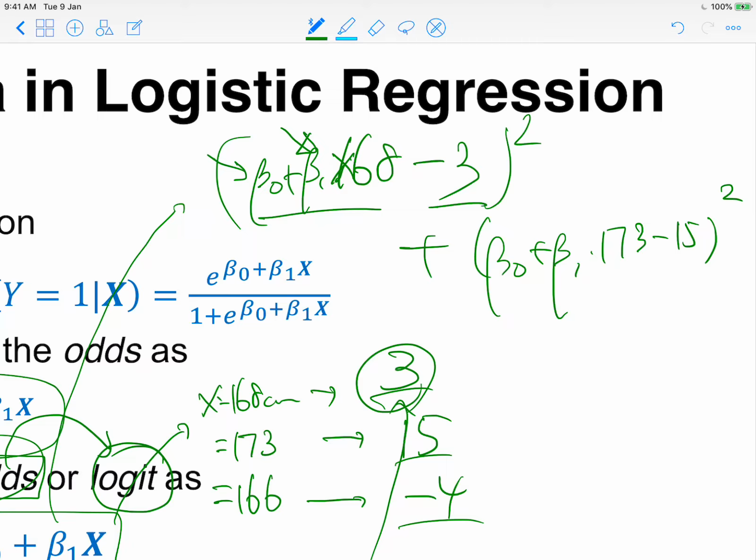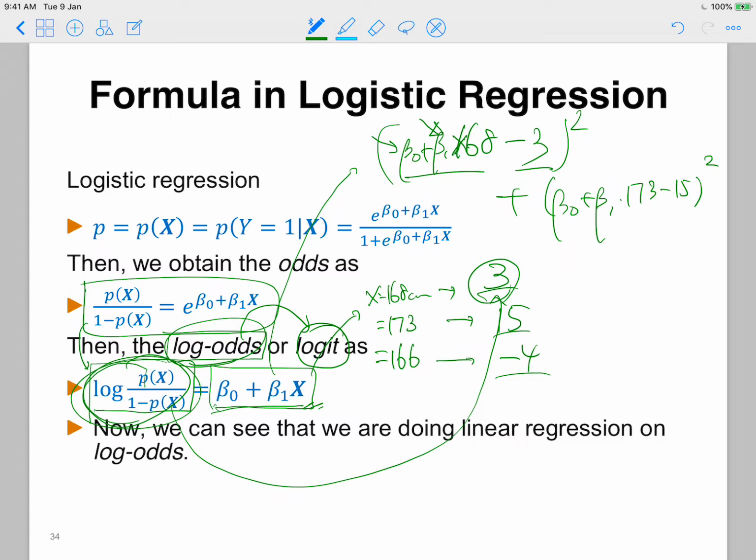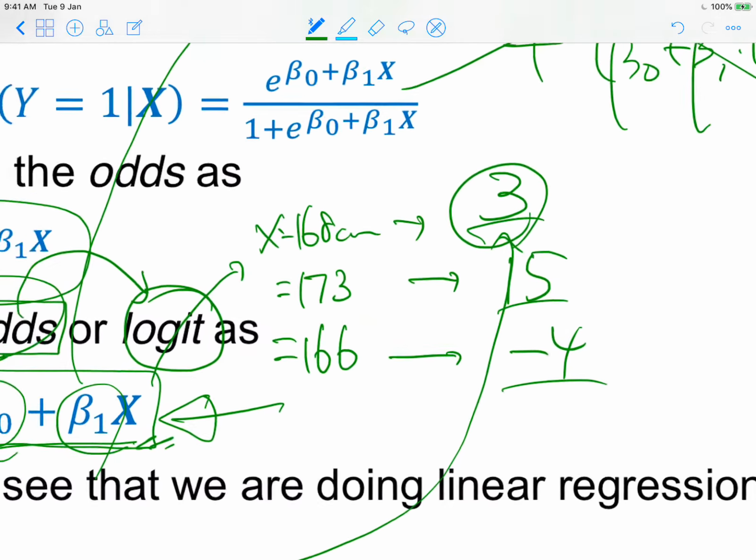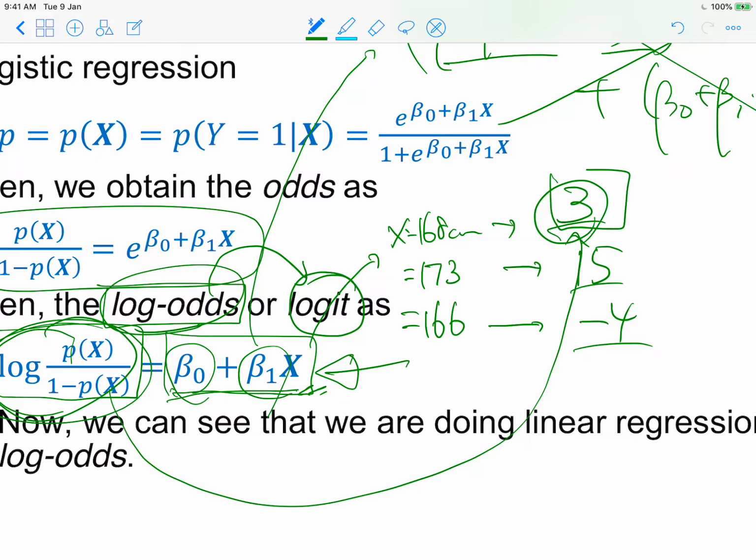But that's not the way we optimize the parameters of our logistic regression. We don't do that, because we cannot obtain the particular log odds value corresponding to each case.